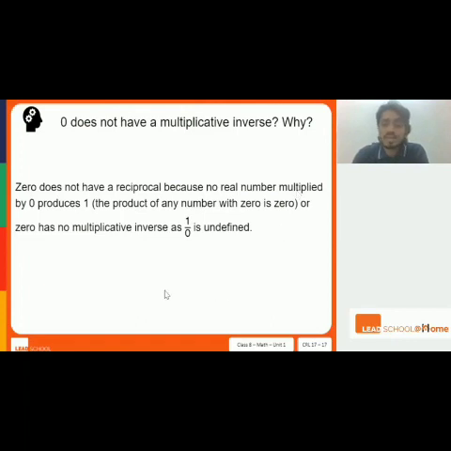But we can multiply any number with 0. We will not get 1 as the answer. It will always be 0. Also, 1 by 0 is undefined. We know we cannot divide by 0. So that is the reason 0 does not have a multiplicative inverse.